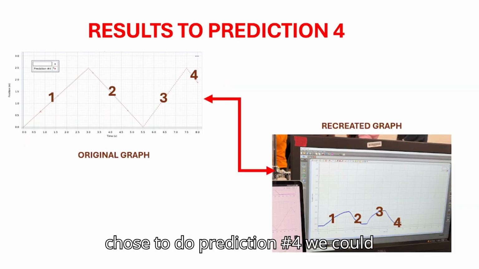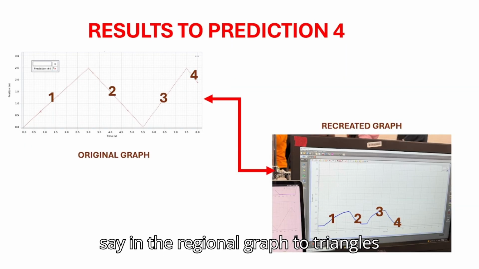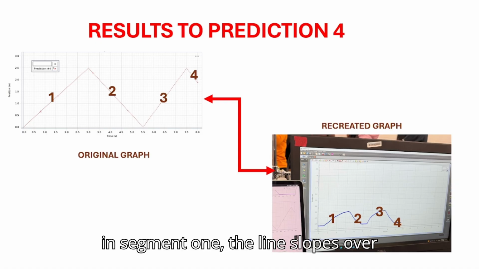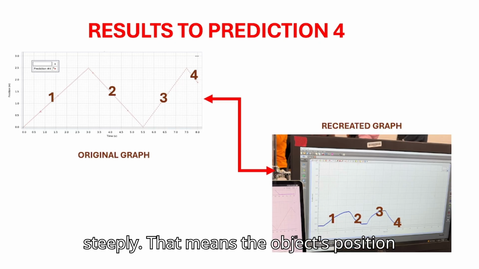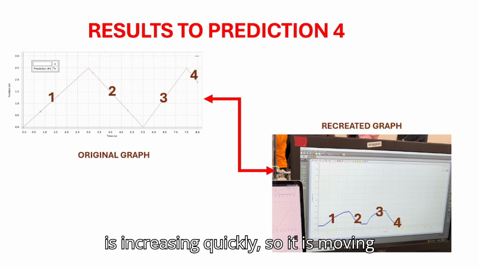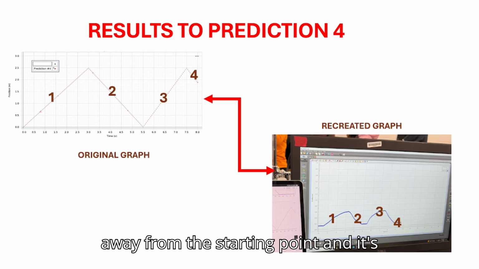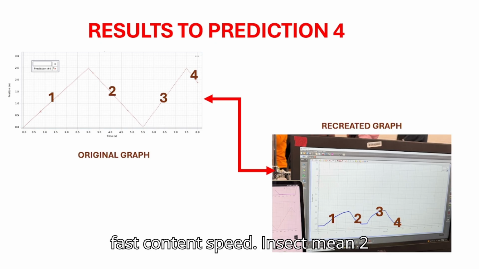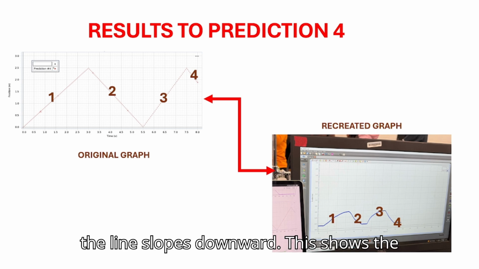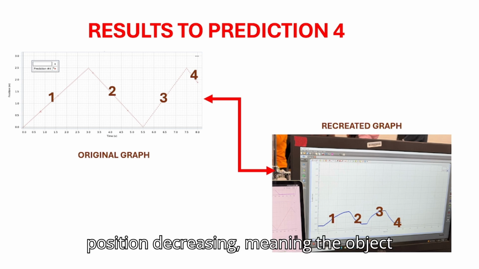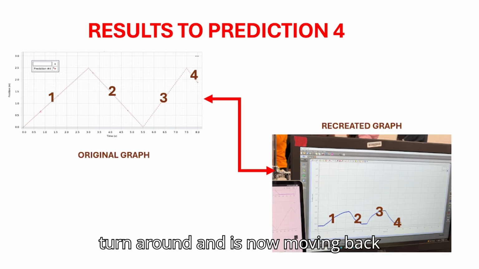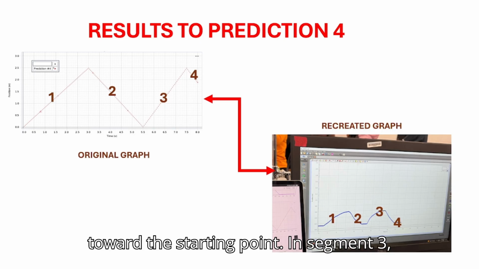I chose to do prediction number 4. We can see in the original graph 2 triangles. In segment 1, the line slopes upward steeply. That means the object's position is increasing quickly, so it is moving away from the starting point at a fast, constant speed. In segment 2, the line slopes downward. This shows the position decreasing, meaning the object turned around and is now moving back toward the starting point.